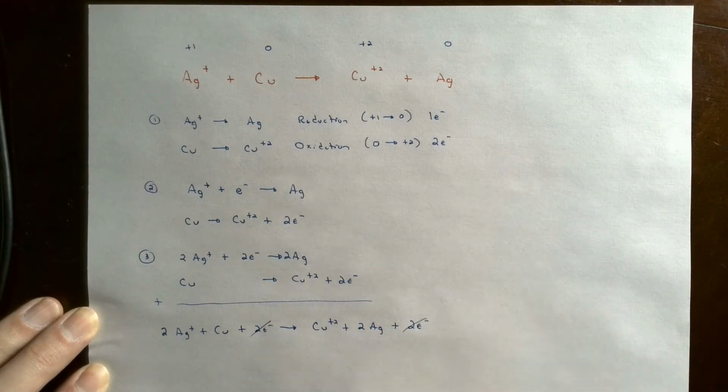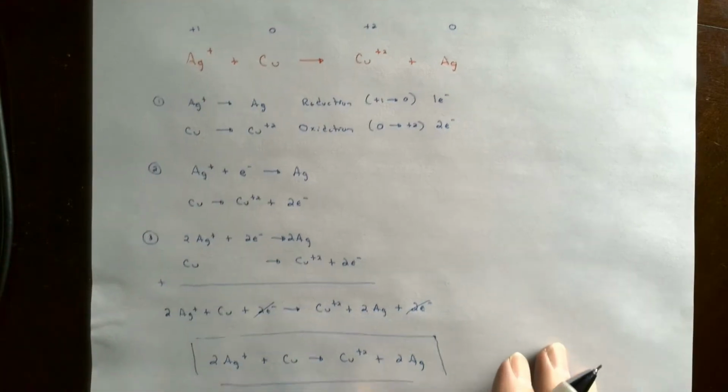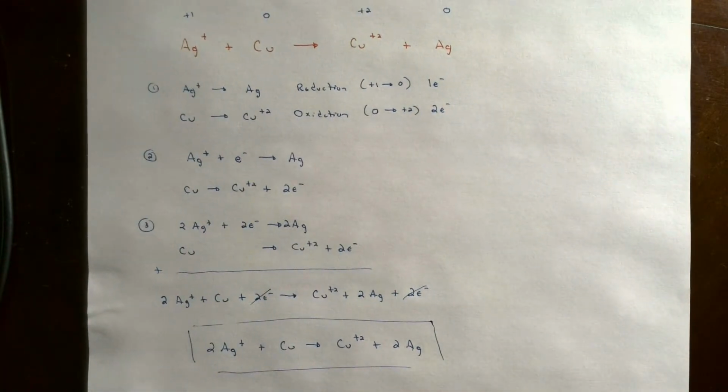The electrons cross out, and we're left with 2 Ag plus ions plus copper to produce copper plus 2 and 2 silver. And that's the appropriate way to balance it. That's why we have this whole different method for balancing a redox expression, because we have to take into account all of the electrons being transferred.